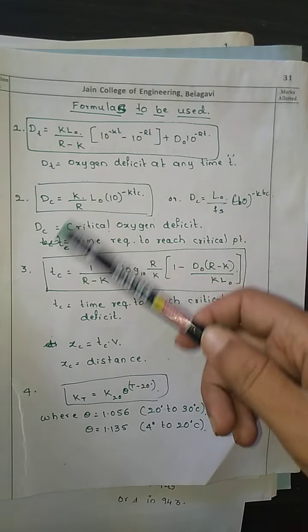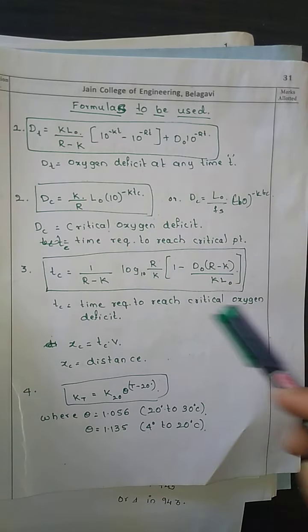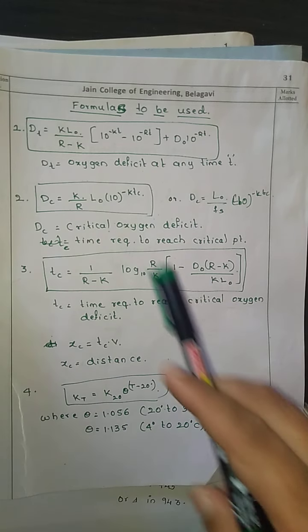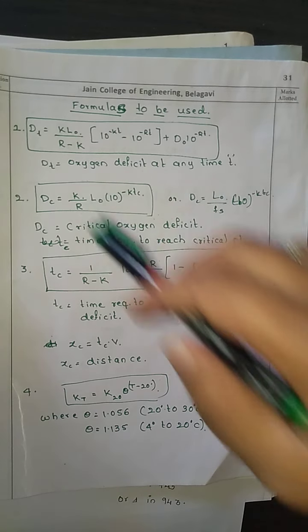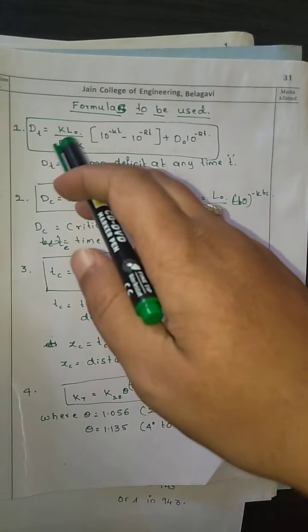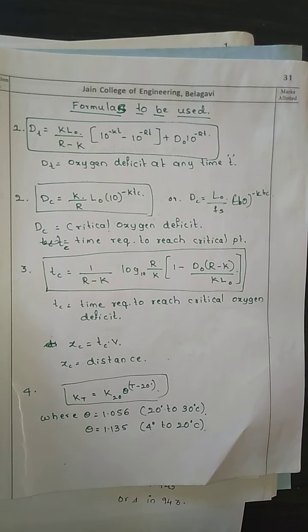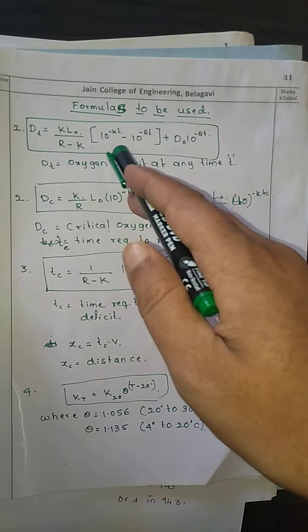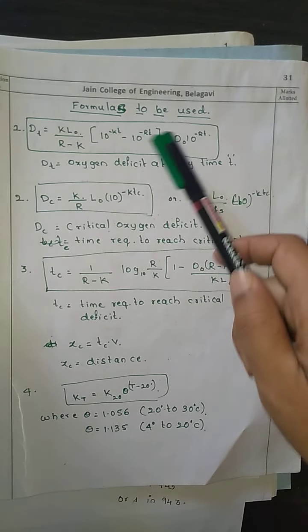the Streeter-Phelps equation, that is D equals K L naught divided by R minus K, into 10 to the power minus Kt minus 10 to the power minus Rt, plus D naught into 10 to the power minus Rt, where K is the deoxygenation constant, L naught is the initial BOD, R is the reoxygenation constant, t is the time in days, and D naught is the initial DO deficit.